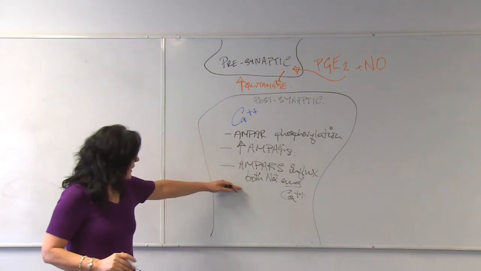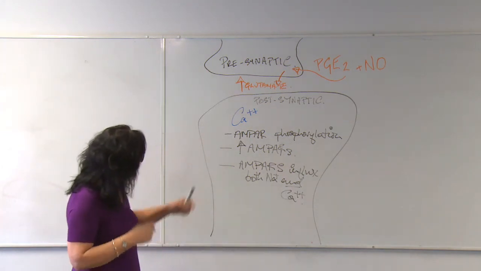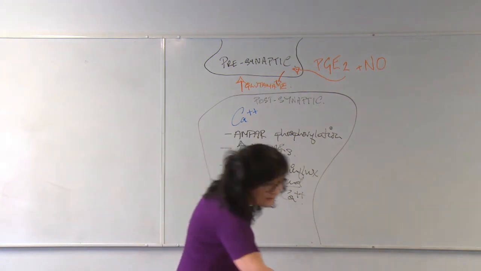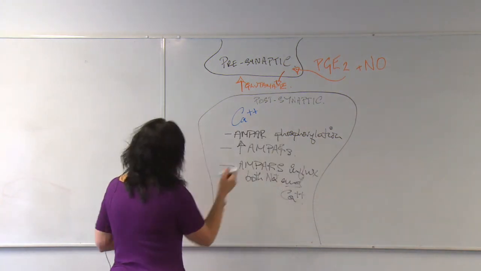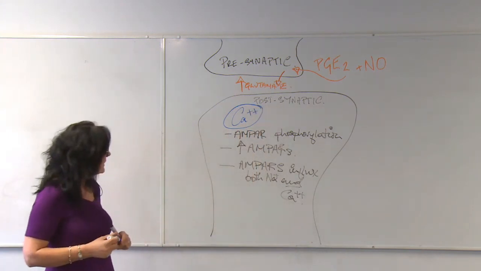So we get these changes to the AMPAs. We get an increase in glutamate. The changes to the AMPAs are down to our calcium, both influxed and released from the endoplasmic reticulum.